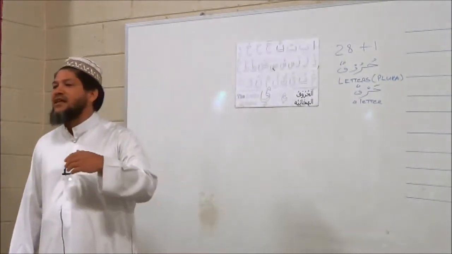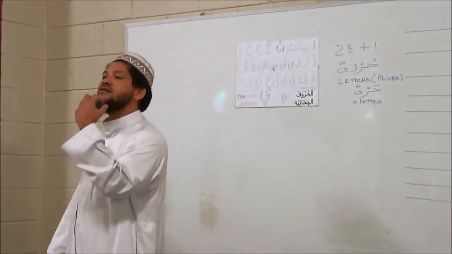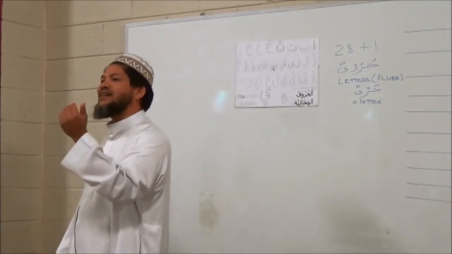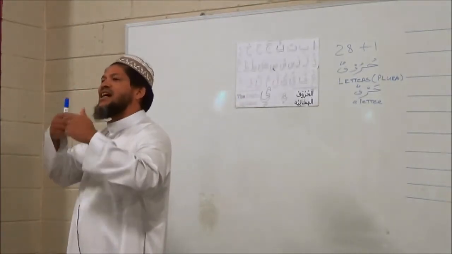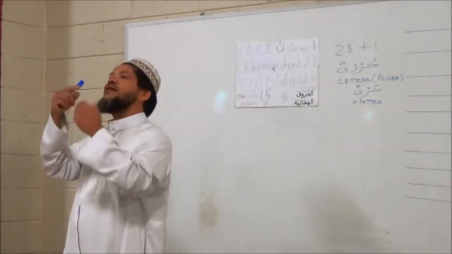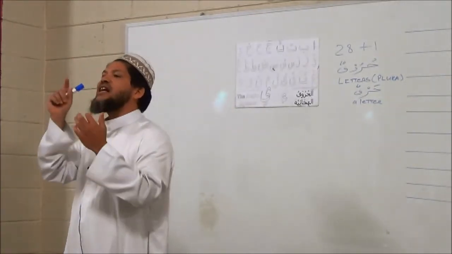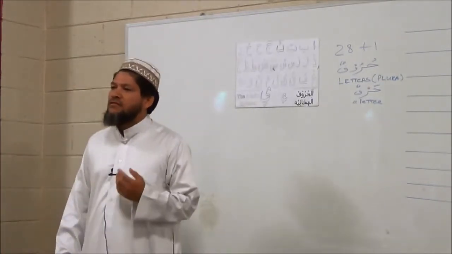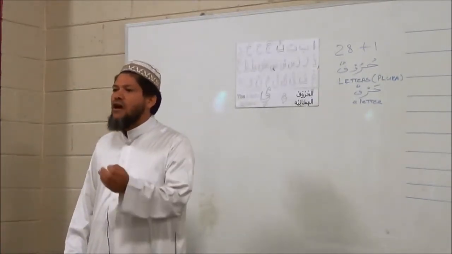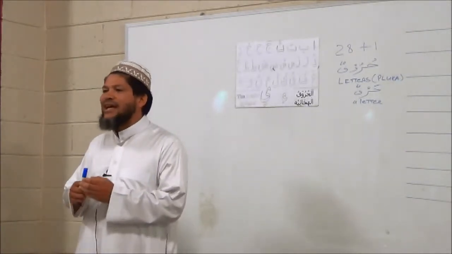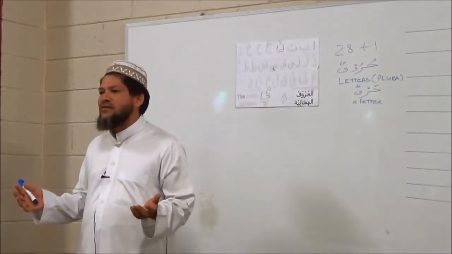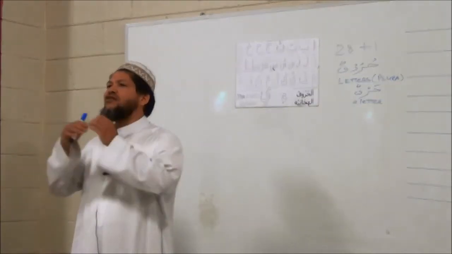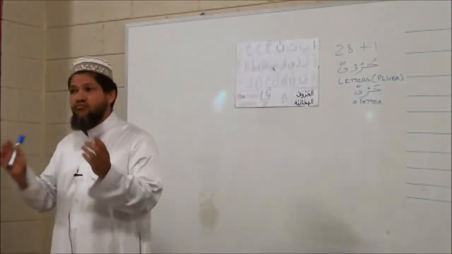Next letter is the letter ra. Feel one of the qualities of the letter ra is takrir. The tongue is playing on the palate. R for run. Ra. So you can't say ra. We say Ar-Rahman, not Ar-Rahman.